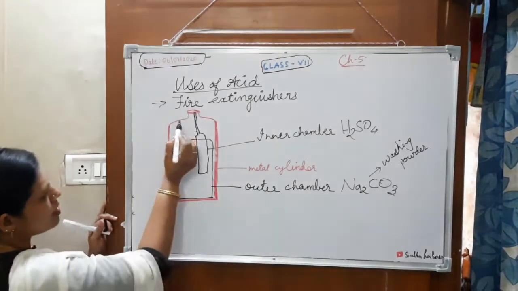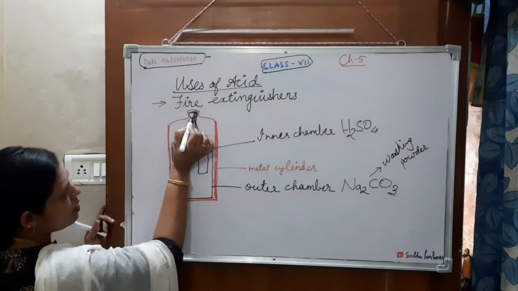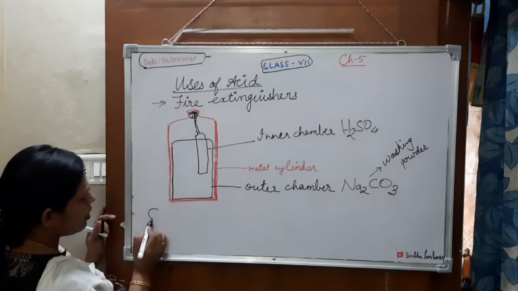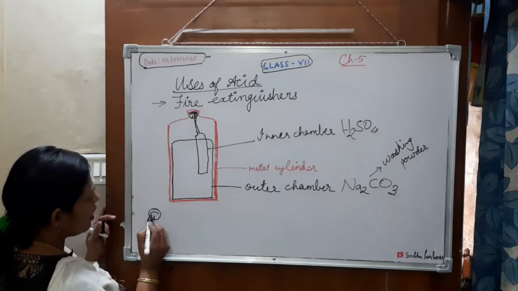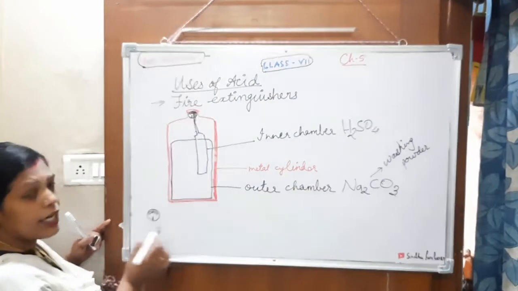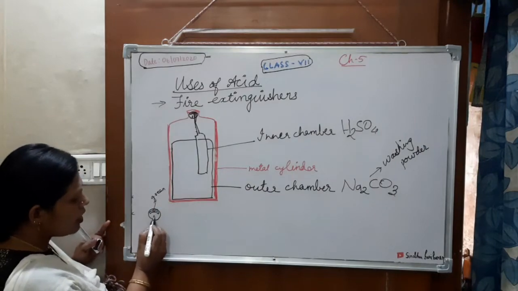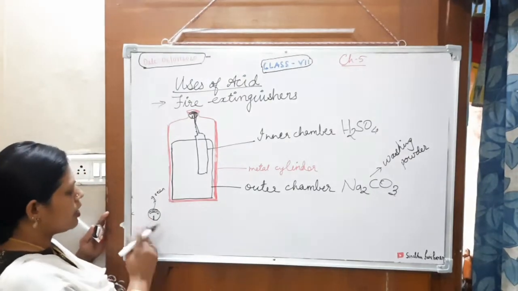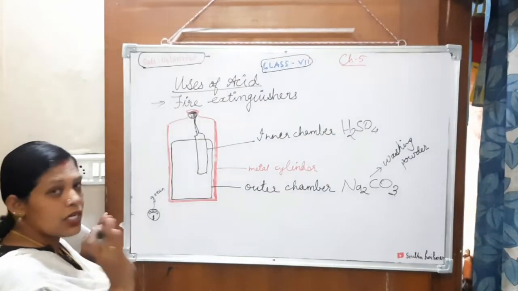And then here you can see there is a pressure gauge. A needle is there, and you can see three colors here; the middle one is green and the side is red. When the needle is in the green, that is the correct time of usage. The needle moves left and right if the pressure is not proper.